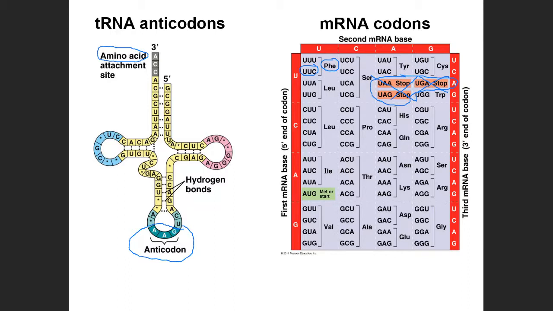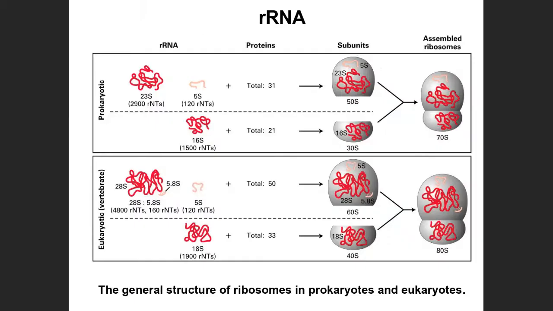Now, does that mean the ribosome isn't doing anything but taking all the credit? No, it's still doing a whole lot, everybody, a whole heck of a lot, and I'll point that out. The third type of RNA is called ribosomal RNA, or simply rRNA. Now listen, this is way more than what you need for this class, okay? But what I'm trying to show you here is that this is introductory information.